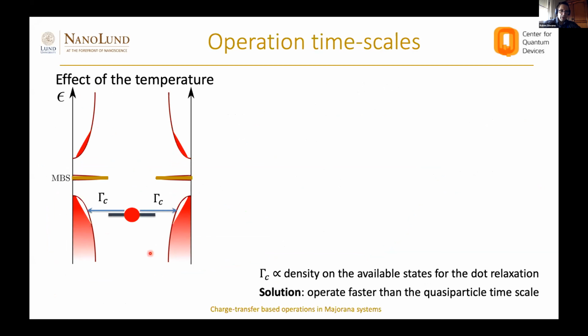So if we ramp up the level in an adiabatic way, there is a chance that this electron will end up on the lower continuum, either the left or the right. So we lose the electron and the operation will fail. This means that we have to go faster than this relaxation rate, gamma C.